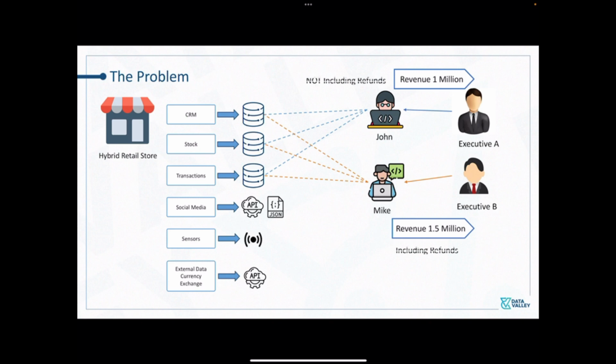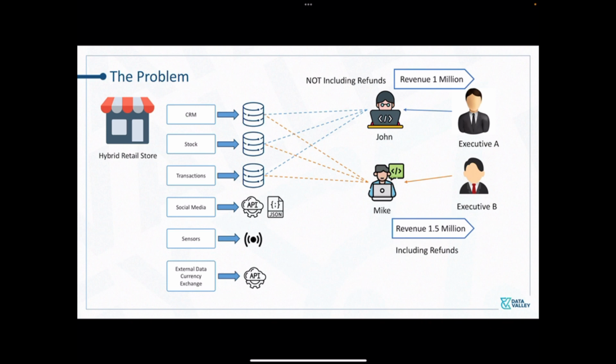So after investigation, we found out that John understands the KPI revenue as everything except refunds. So he deducted refunds. That's why revenue in John's report is 1 million. Mike, on the other hand, understood that revenue is everything, including refunds.